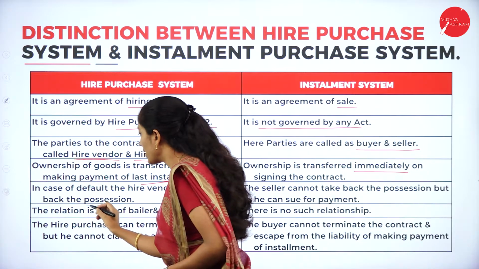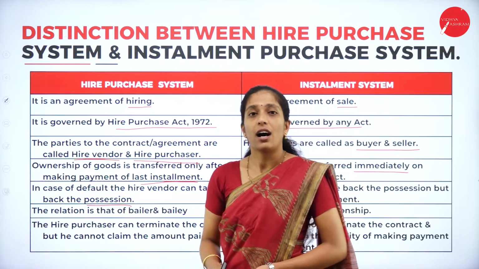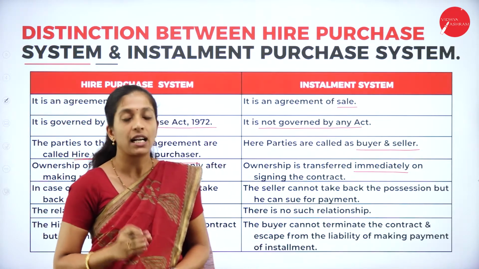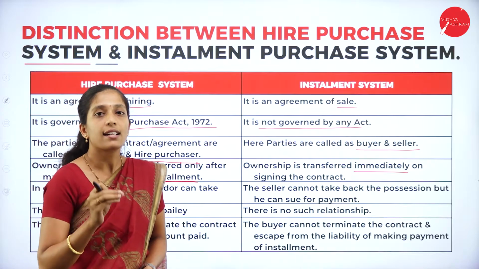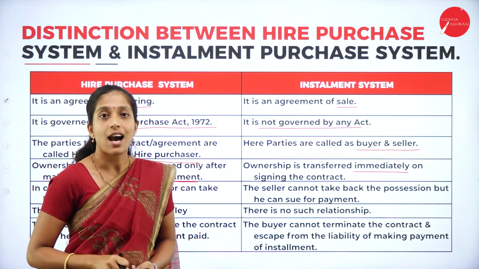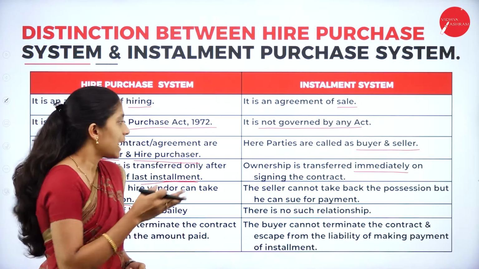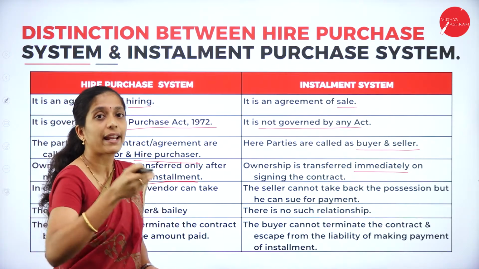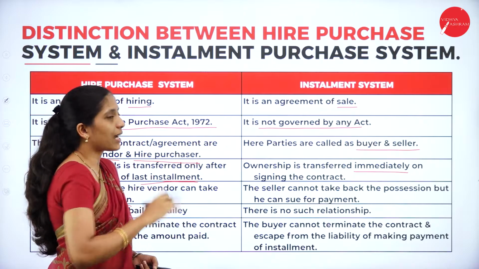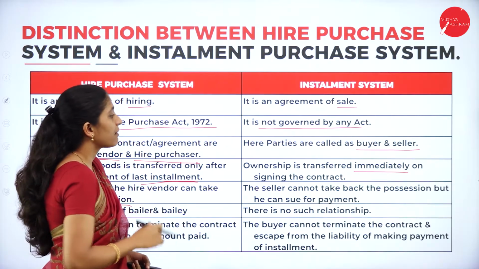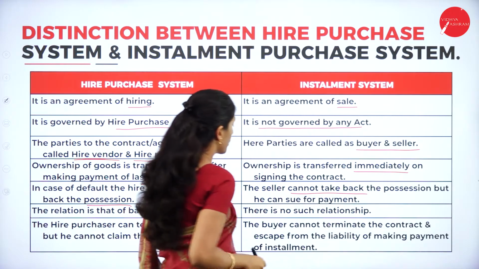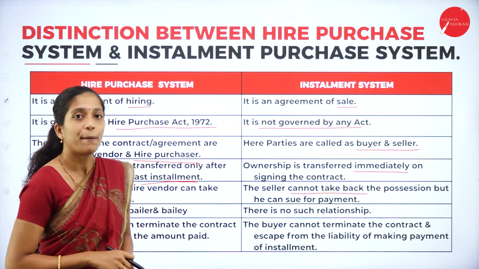So what do you mean by this? If the hire purchaser has not paid any of the installments, in such cases, the hire seller can take back the asset or goods. In the sense, here the hire vendor or hire seller has a right to take back the goods. But when compared to installment system, the seller cannot take back the possession of the goods, but he can sue for payment.